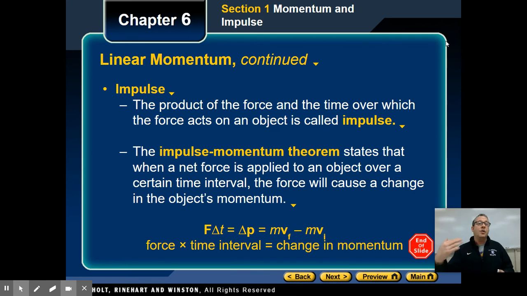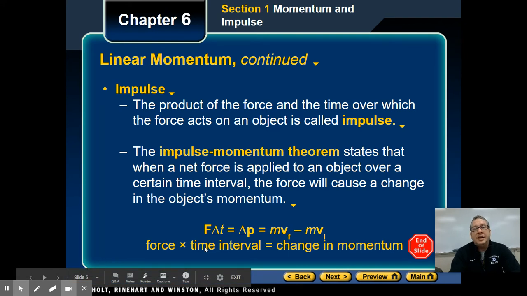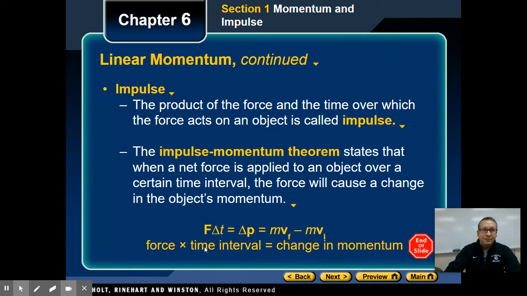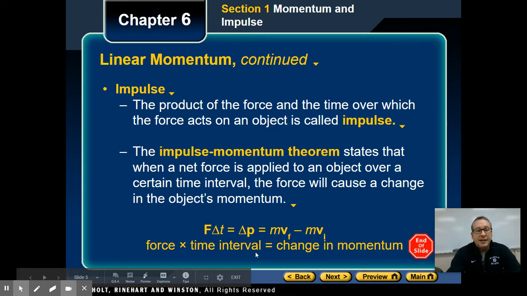So here is your next formula that you need to add to your formula sheet. We have force times delta t, or the change in time, or the time frame that they are in contact, is equal to a change in momentum, or delta p. But delta p can also be solved by mvf minus mvi.